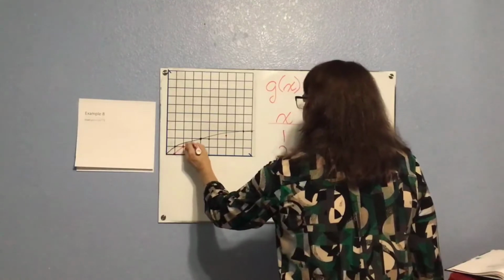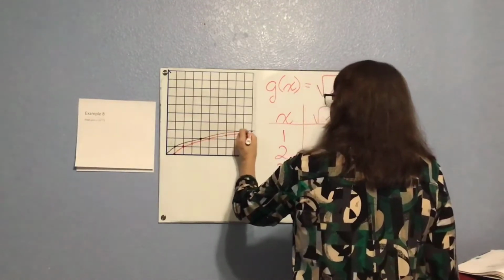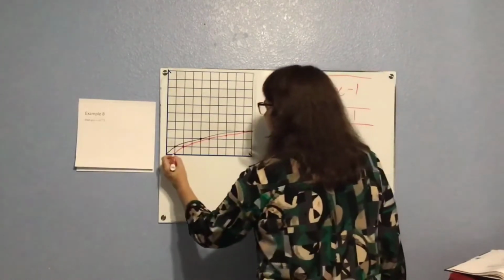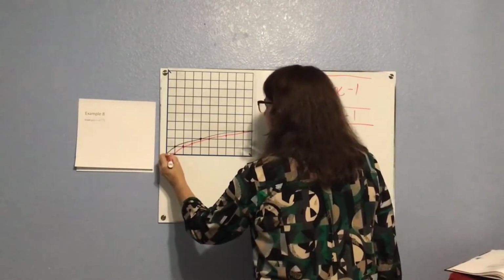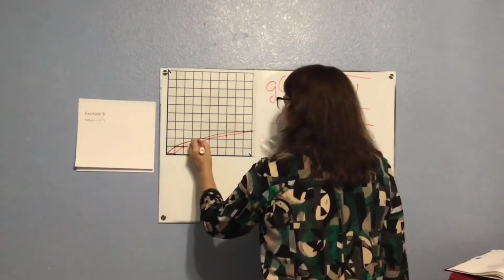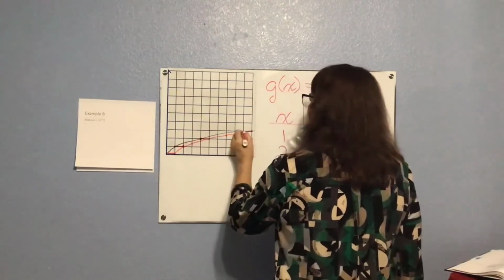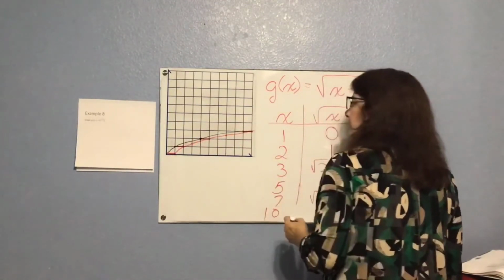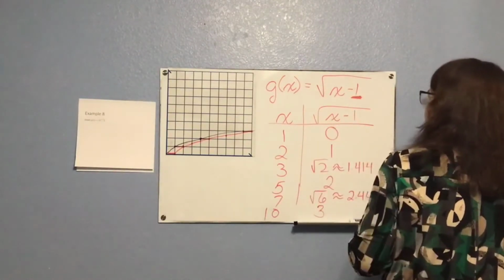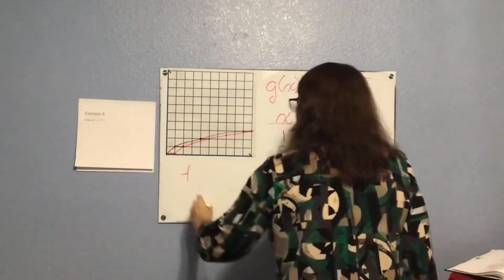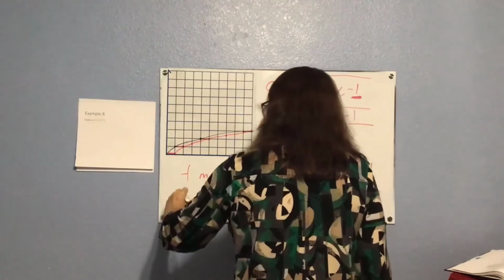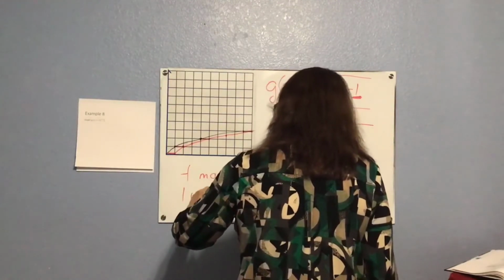So this is my graph for this function. And you might notice at some points on this graph, this is a difference of 1 in the x. Here's a difference of 1. Here's a difference of 1. So this minus 1, we could say minus 1 moves 1 unit to the right.